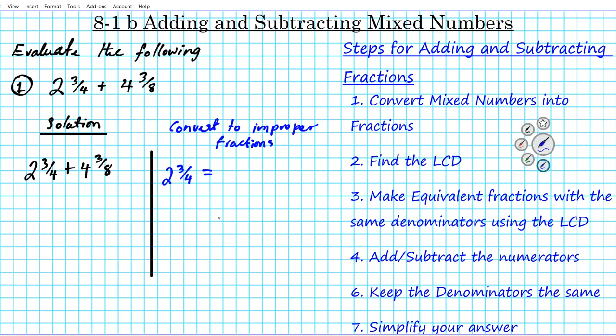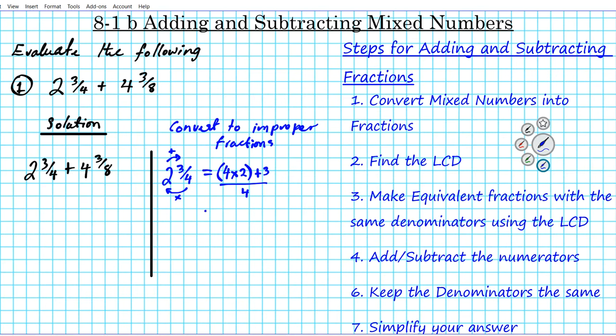All right. So to convert 2 and 3/4 into an improper fraction, we're going to multiply the denominator of the fraction component with the whole number, add it to the numerator, and then divide it by the denominator. So the operation is 4 times 2 plus 3 divided by 4.